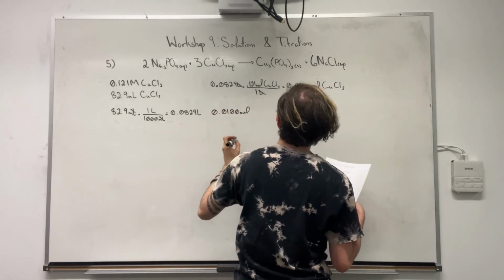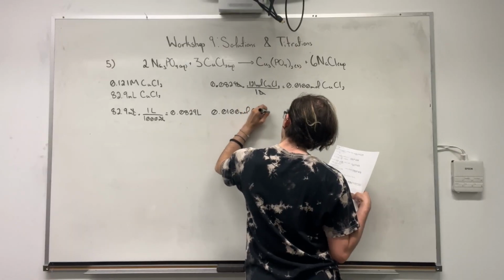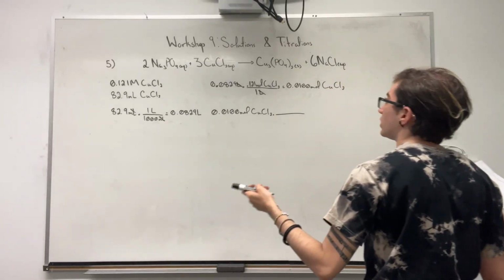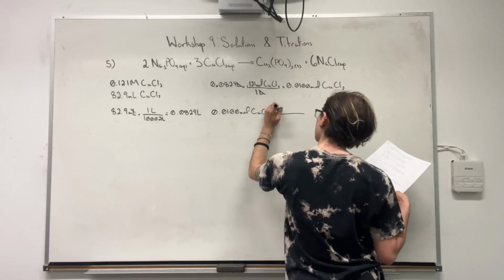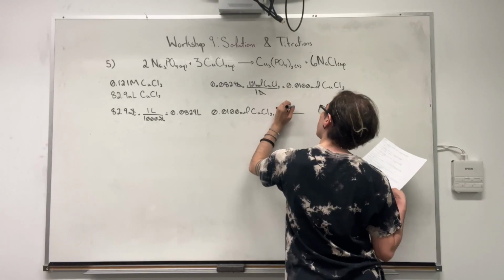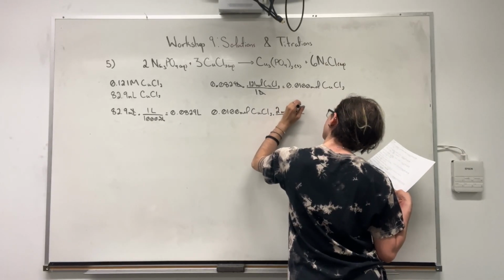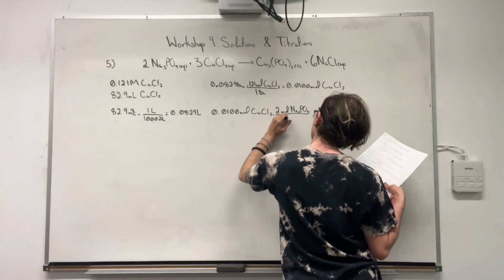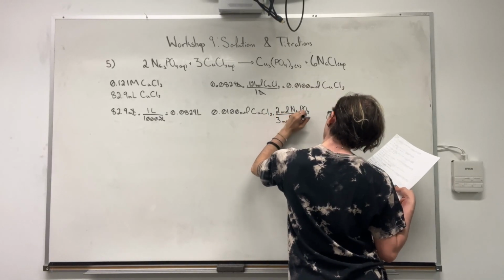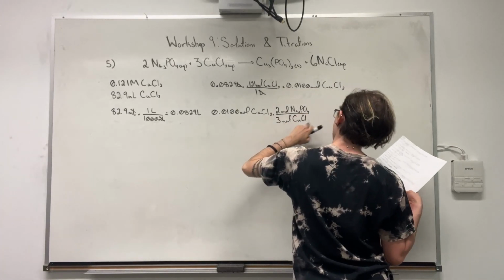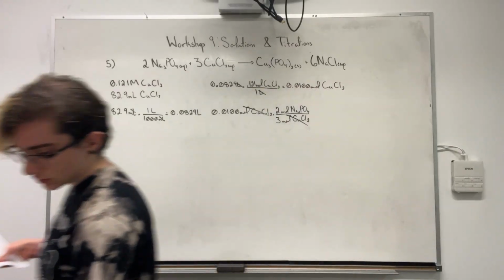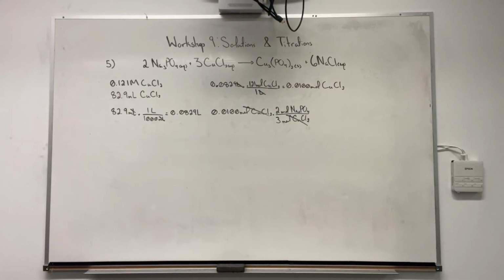So if we have 0.01 moles of copper chloride, based on our balanced equation here, it's a 2-to-3 ratio between our sodium phosphate and our copper chloride. 2 moles of sodium phosphate for every 3 moles of copper chloride. Oops, wrong. There we go. So 0.01 times 2 divided by 3.